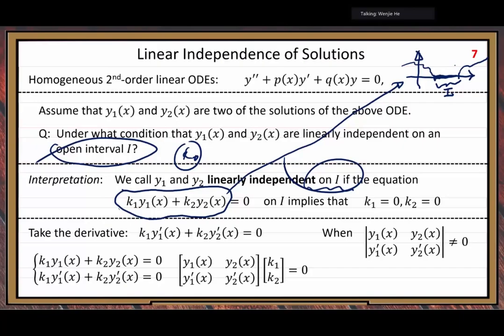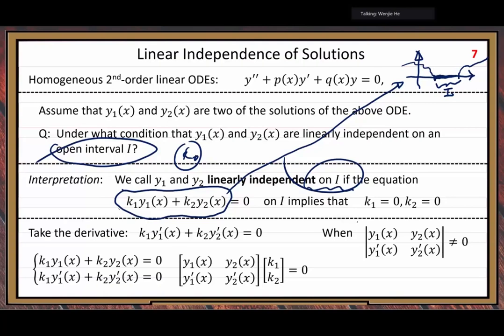Now, let me tell you the final result. First, I assume you know how to calculate the determinant. It is Y1 times Y2 prime minus Y2 times Y1 prime. That's the determinant formula for 2 by 2, and it's very easy.